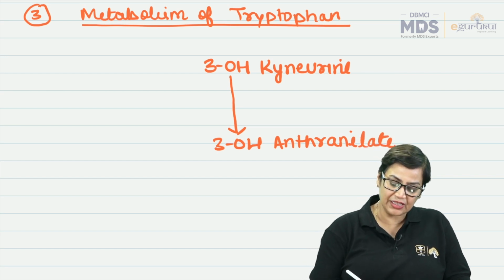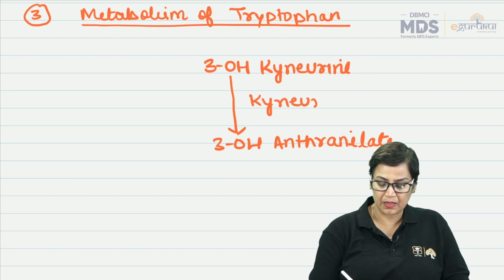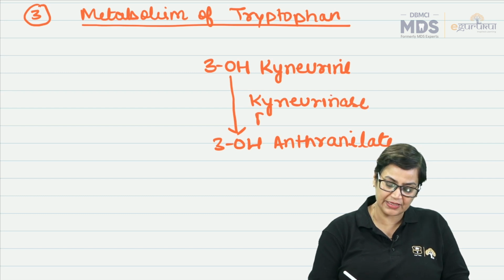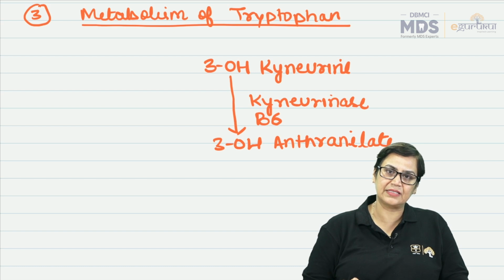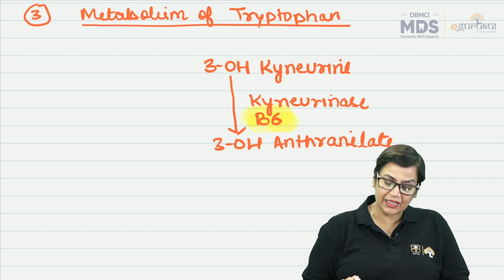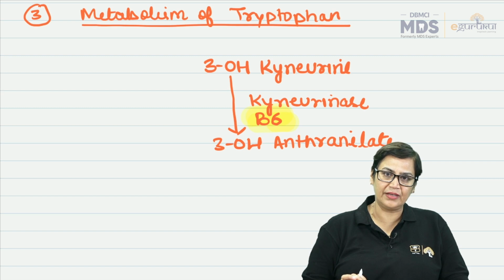For this reaction, the enzyme is kynureninase, and the coenzyme for this enzyme is B6. I'll just highlight B6 here. So this is another very, very important reaction in which B6 is required.